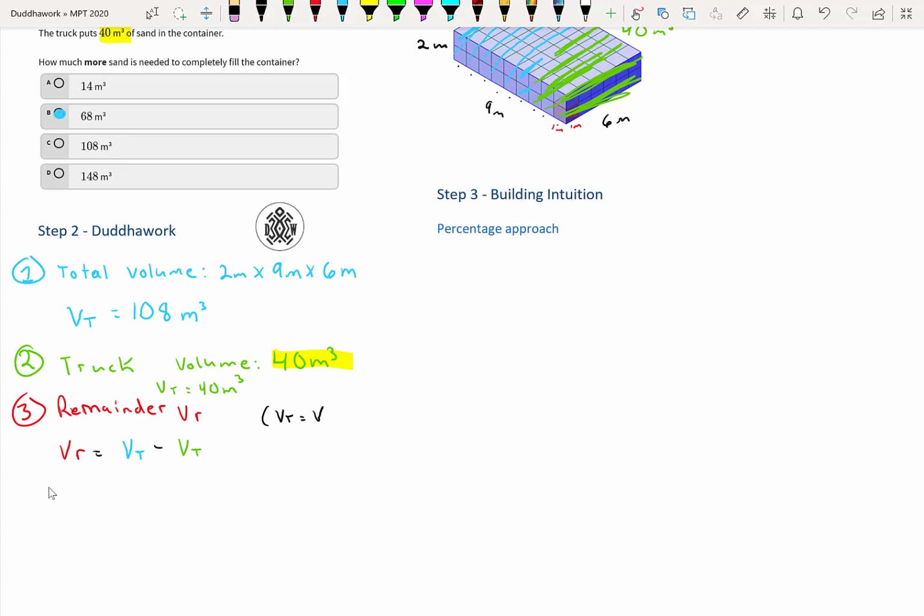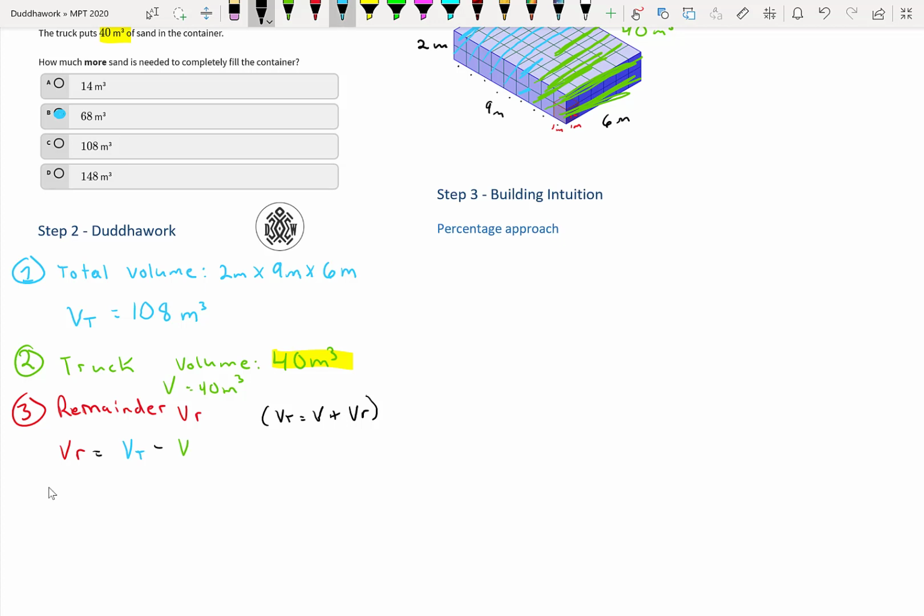So let's just call the truck volume V. Then the total is equal to the volume plus the remainder volume. So obviously if you rearrange for VR, then that would be VT minus V.